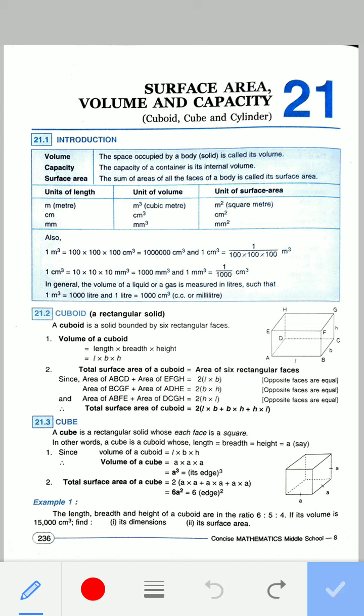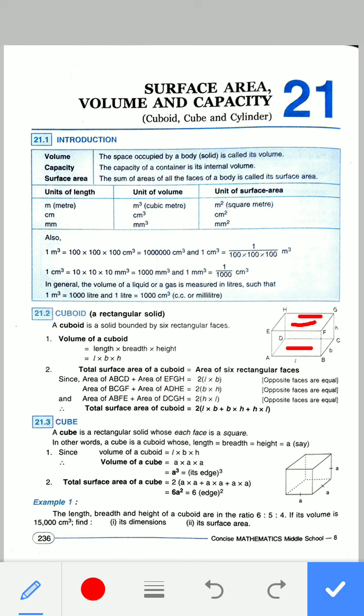Similarly, you will get the surface area of this one and this part. So 2 into breadth into height. Similarly, you will get the surface area of this and the down one, up one and down one.